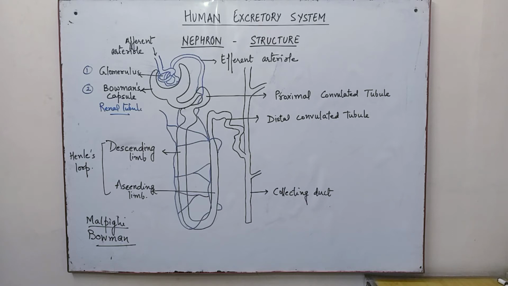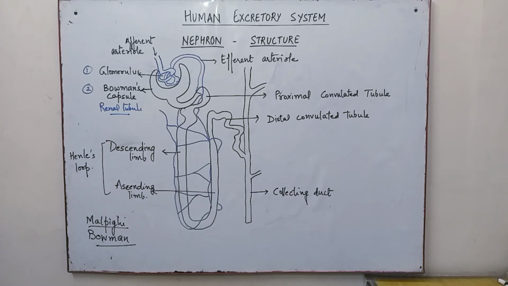At the same time, the blood from the glomerulus is carried by the efferent arteriole. It has a lesser diameter than the afferent arteriole, which increases pressure, which is important for the formation of urine.